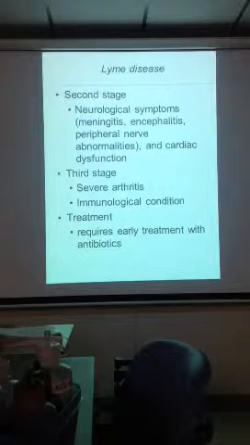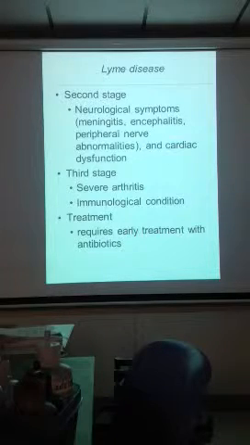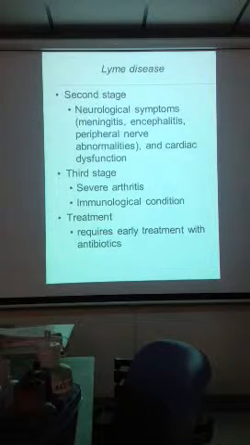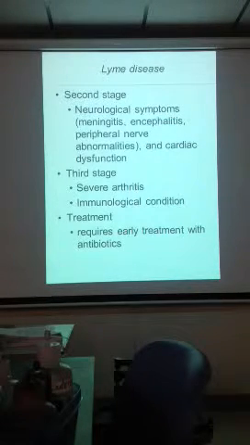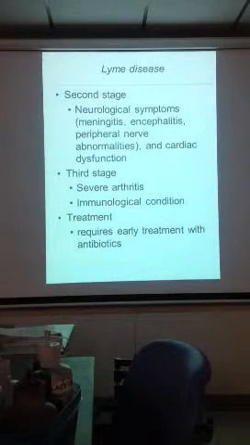There's a second stage where now you have neurological symptoms: meningitis, encephalitis, peripheral nerve abnormalities, and cardiac dysfunction. After that, if it's still untreated, you can go into a third, late stage, where you'll get arthritis.